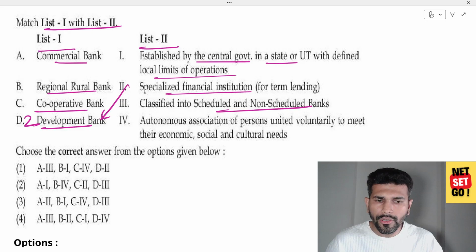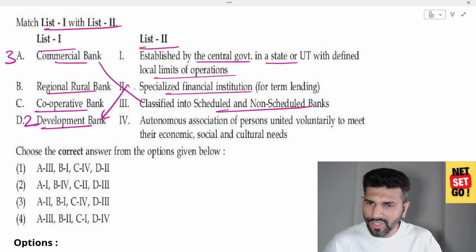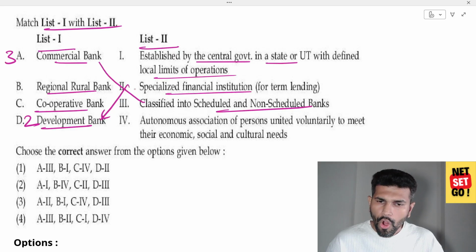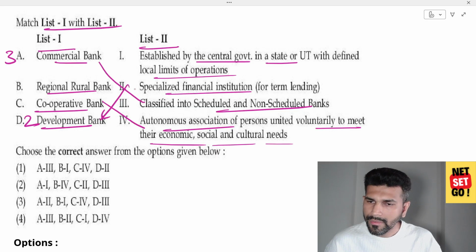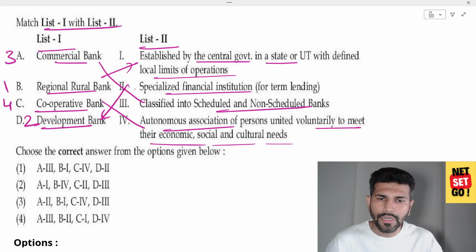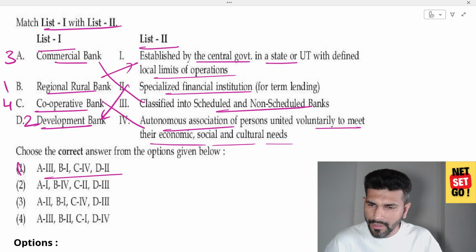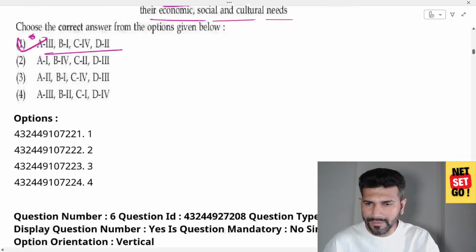Classified into scheduled and non-scheduled banks is a commercial bank, so A3. Autonomous association of persons united voluntarily to meet their economic, social and cultural needs is a cooperative bank. So RRB is established by central government in a state or UT with defined local limits of operation. So 3142 is the correct sequence, and option 1 is the correct answer.